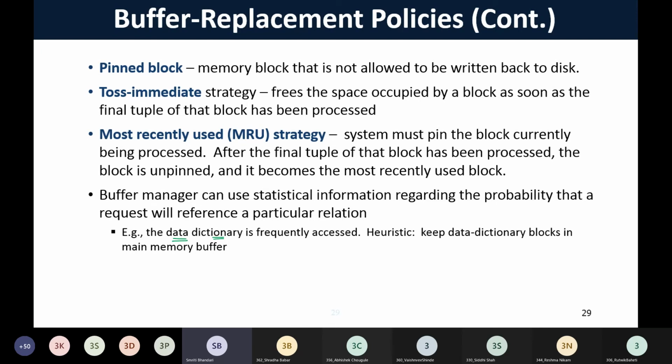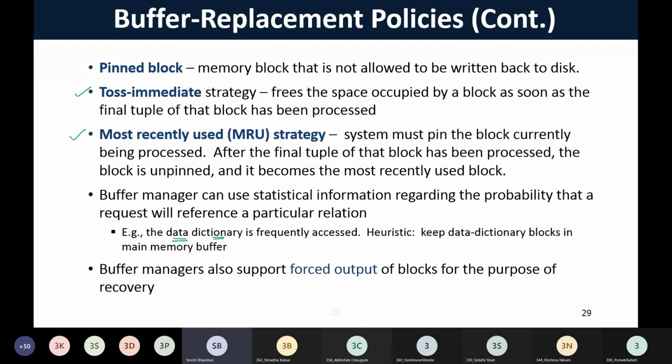And I have demonstrated one case study based on the join operation. In the join operation, the toss immediate strategy and the most recently used strategy are used for block replacement. Right? So I hope you have understood the concept.